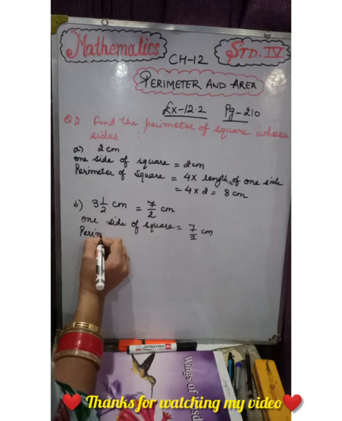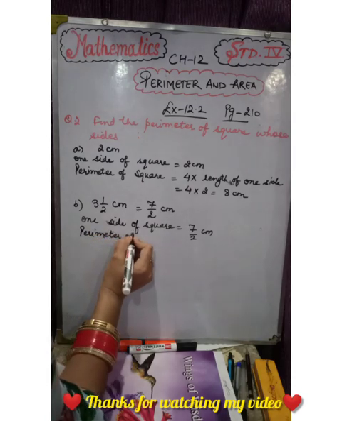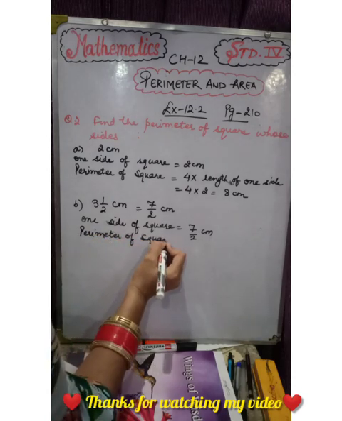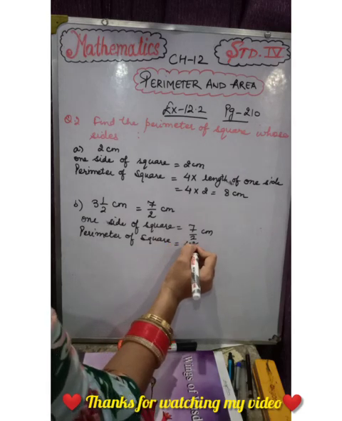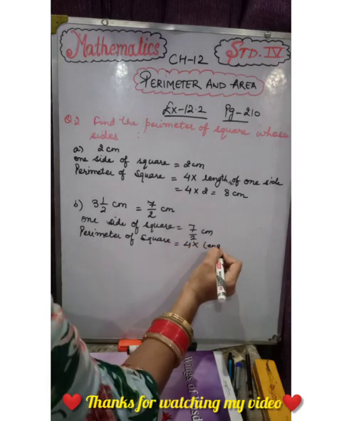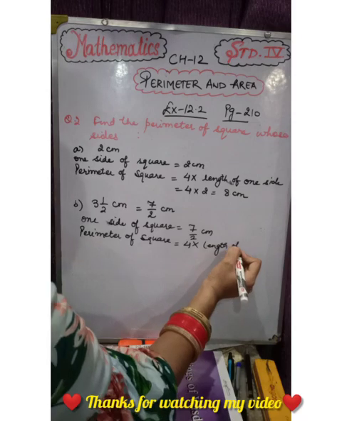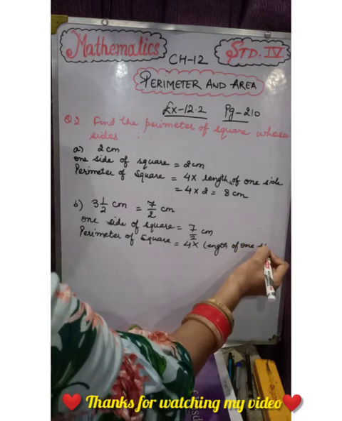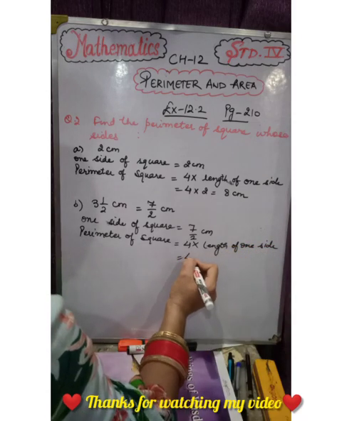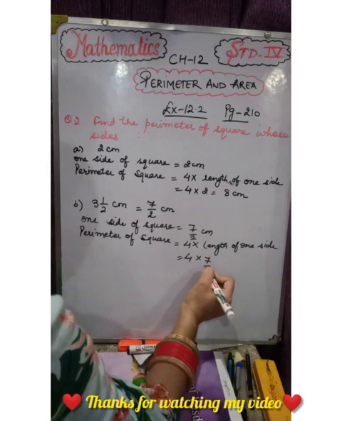Perimeter of square is 4 multiply length of one side, that is 4 multiply 7 by 2.